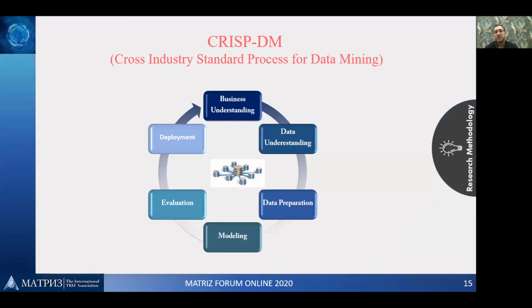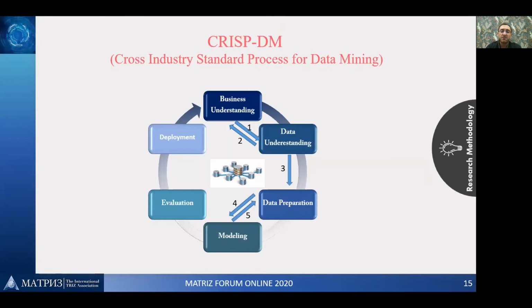The methodology that we use in our research is the cross-industry standard process for data mining. It all starts with business understanding. That means we have to understand the trend and subtrend of TSE in detail. Data understanding includes understanding the nature of the patents, and then we have to prepare data and do some pre-processing analysis for the next step of patent analysis.